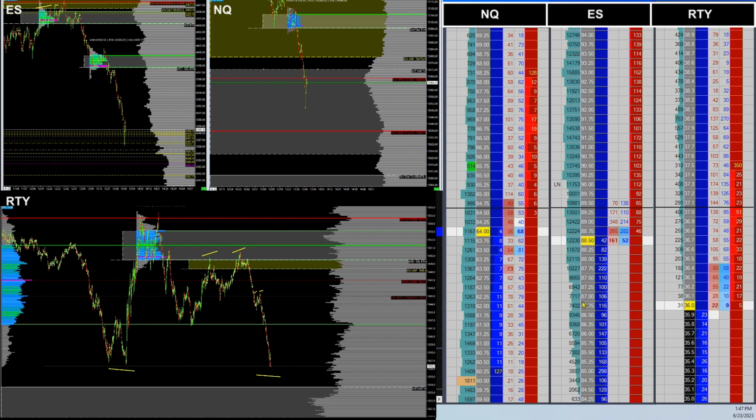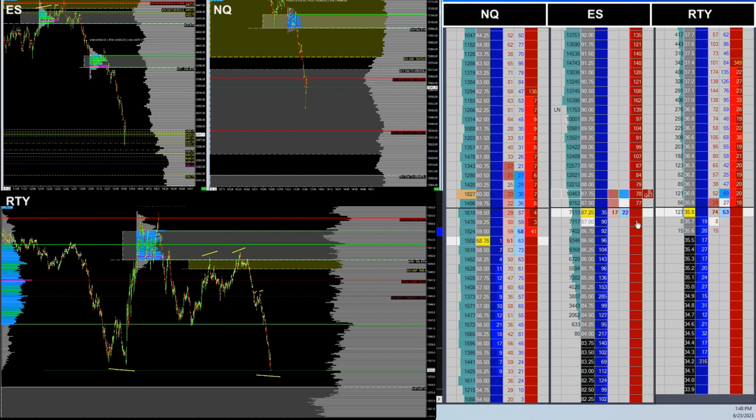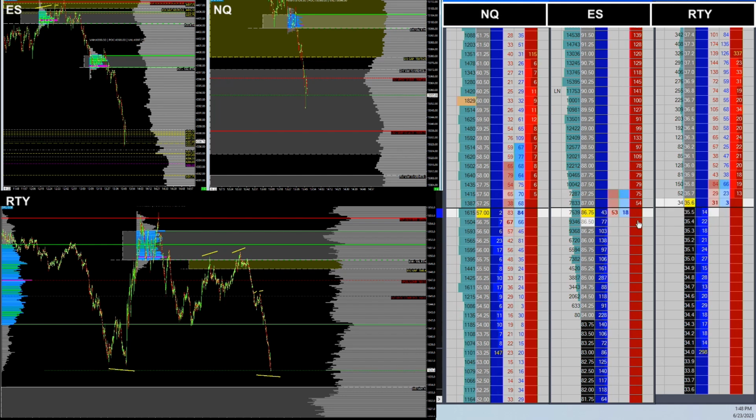Mid roll here. Think we might be good to go at this point. I can't get into it though. I can't chase this.